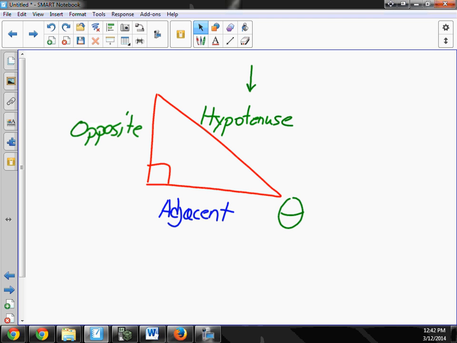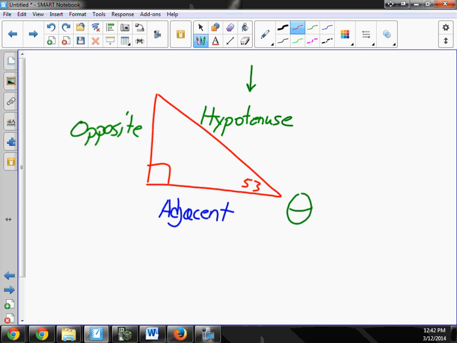So once I've labeled theta, trigonometry is the study of the ratios of the sides of a right triangle. And you can actually extend it beyond right triangles, but we're not going to do that this year. So with reference to theta, if I pick any two side lengths and divide them, I end up with a ratio. So let's say that I had a 53-degree angle, and then the adjacent side was 3, and the opposite side was 4, and the hypotenuse would be 5.